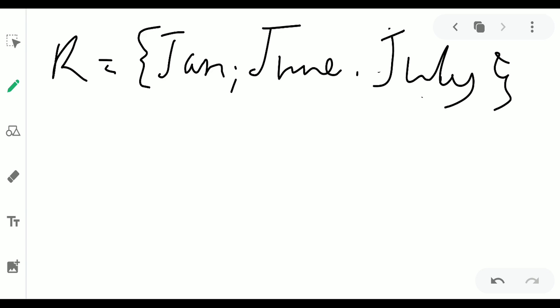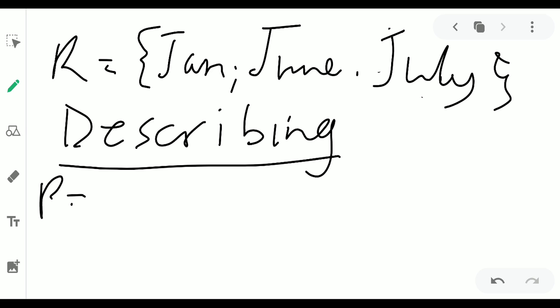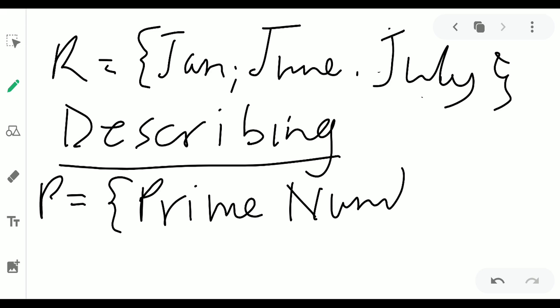But if we want to describe, the next thing is describing it. We are going to describe all the things we have listed already. The first one we listed was 2, 3, 5, 7. That is set P. To describe set P, we say prime numbers.